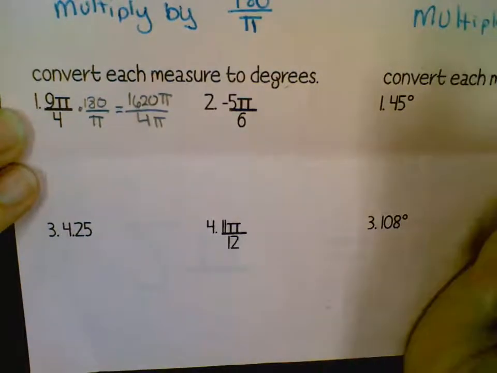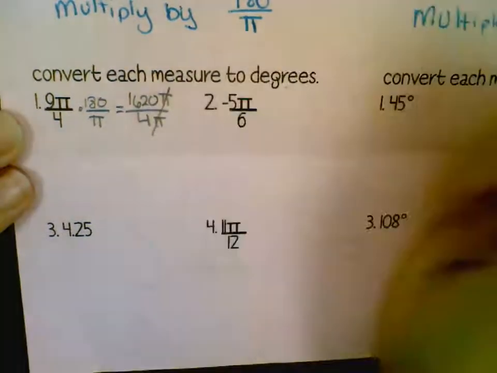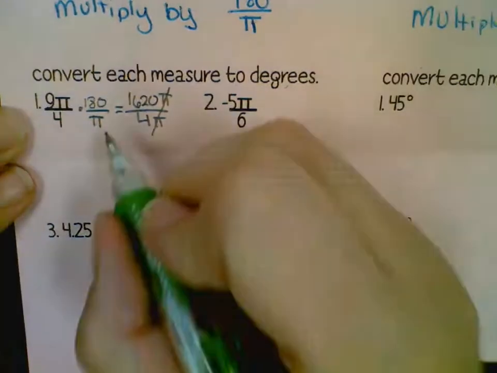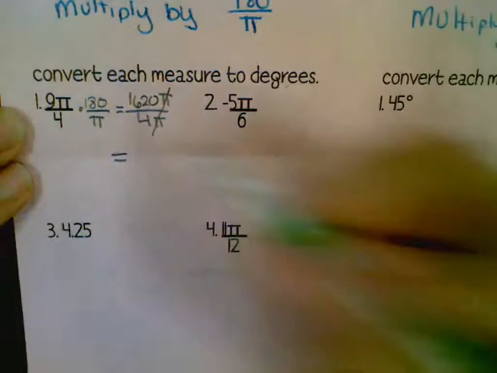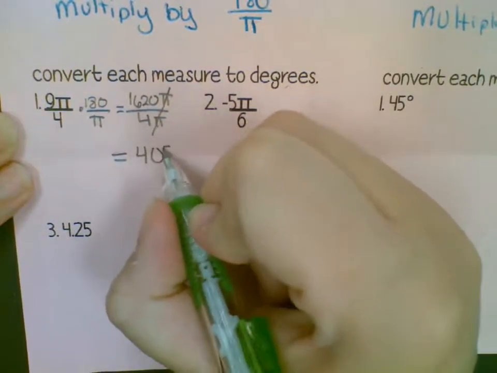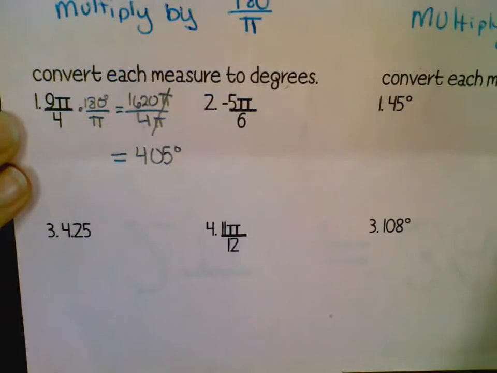Since we have a pi in the numerator and denominator, we can cancel those out and do the division. Hopefully it comes out to a whole number. Sometimes it won't, but 1,620 divided by 4 is 405 degrees. Make sure you put your degree sign, because if not, it's assumed to be in radians.